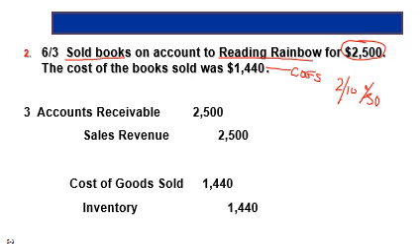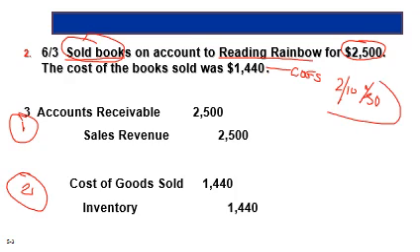Whenever we have a sale, there are two steps. One is the sale and two is the cost of goods sold. Your sale should always be larger than your cost.